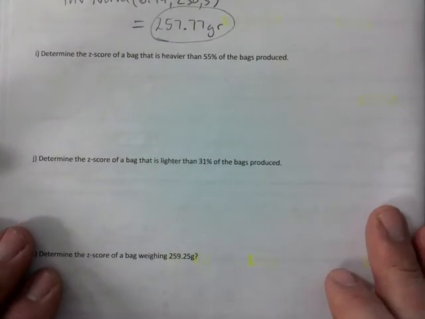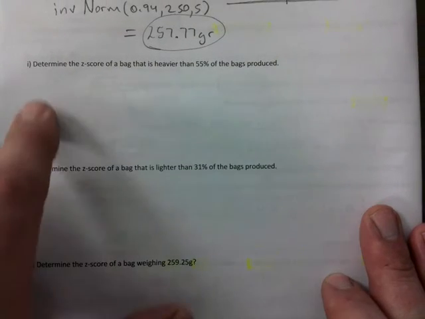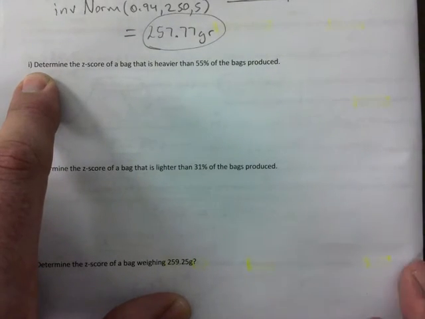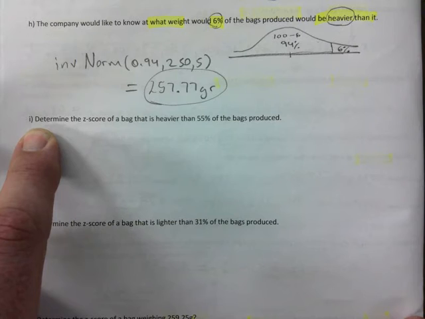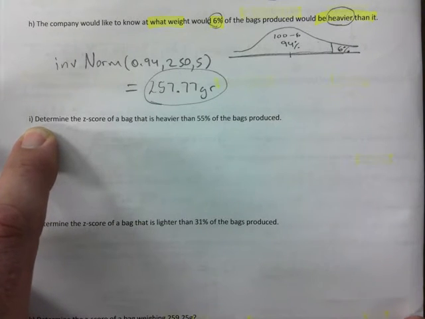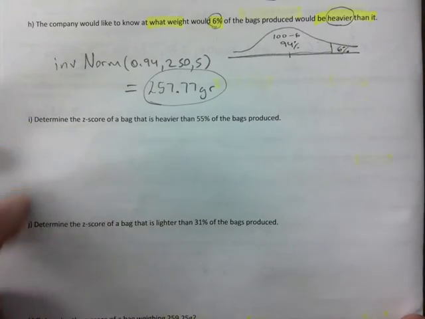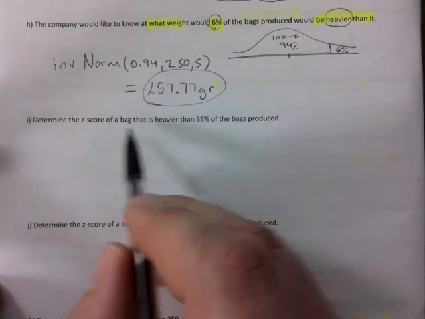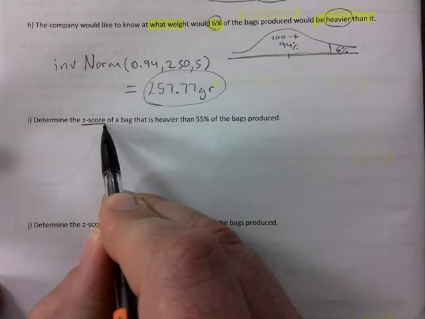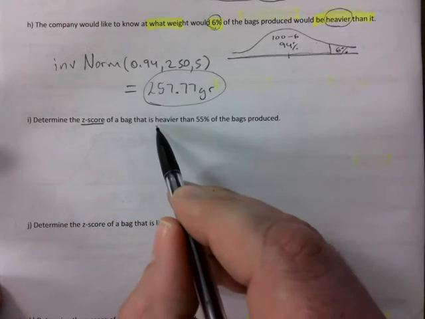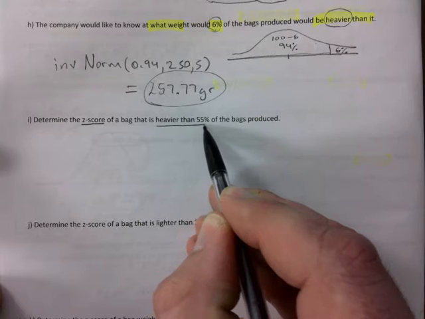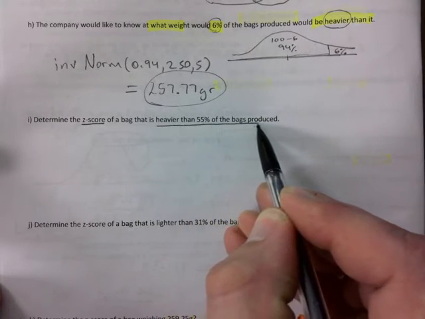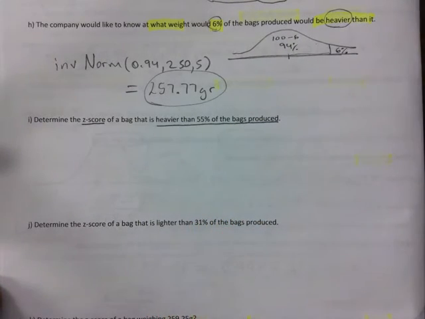So let's go back to page 18 here and continue our journey. That's the last thing we did. We finished H, now we've got to do the rest. Determine the z-score of a bag that is heavier than 55% of the bags produced.